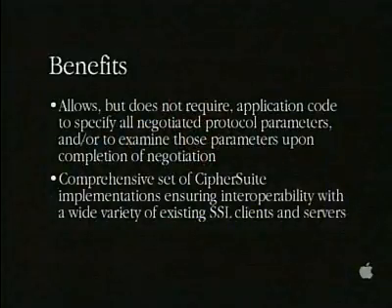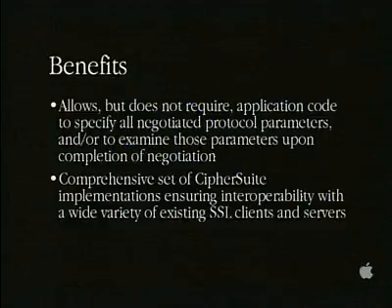It allows the calling code to specify a whole bunch of protocol parameters or not, or take the defaults. And it can examine the protocol parameters on the basis of the successful negotiation of the beginning of the session.